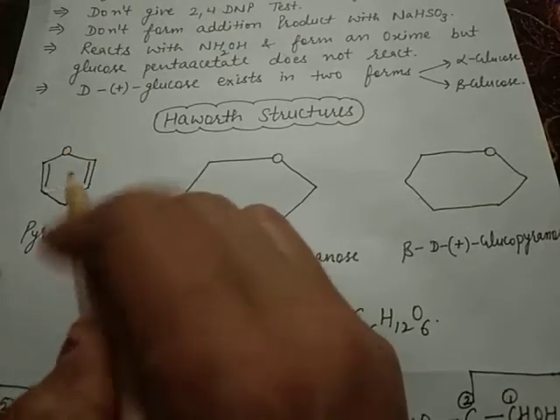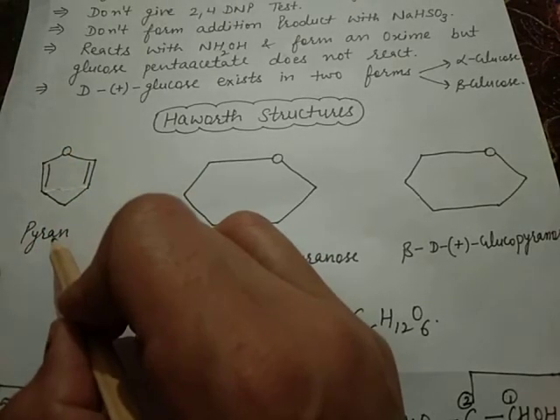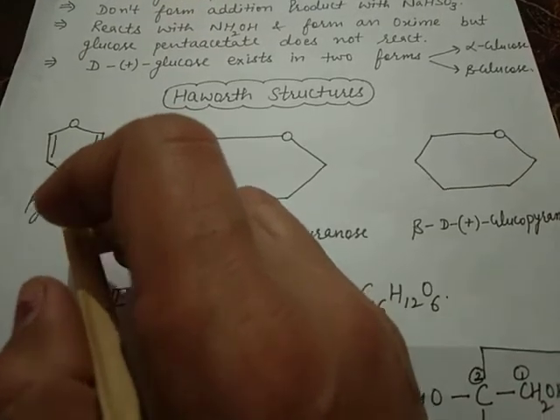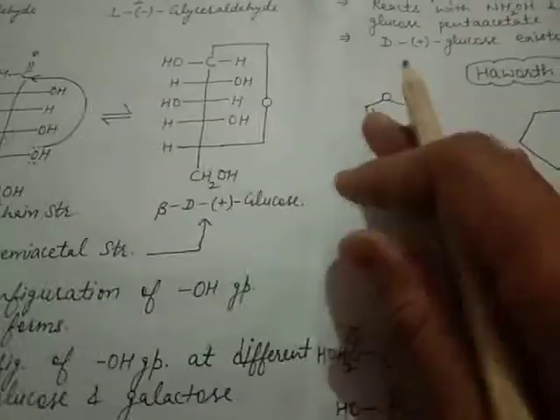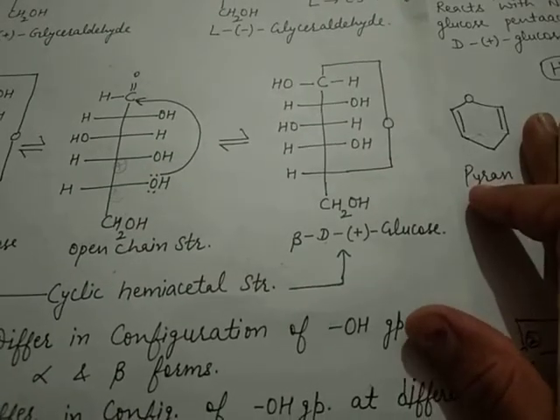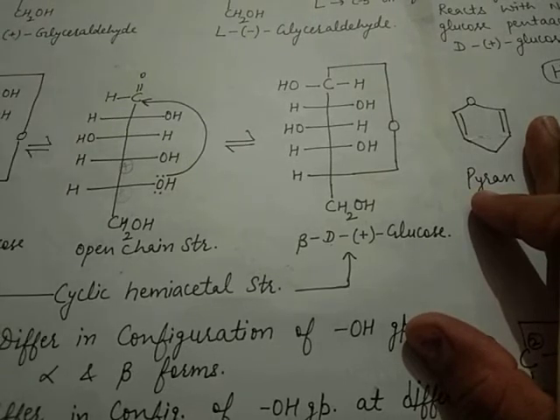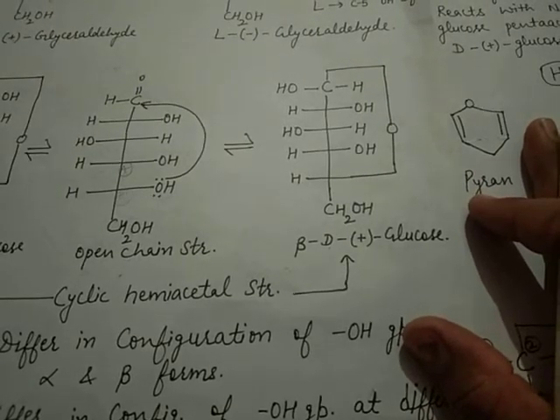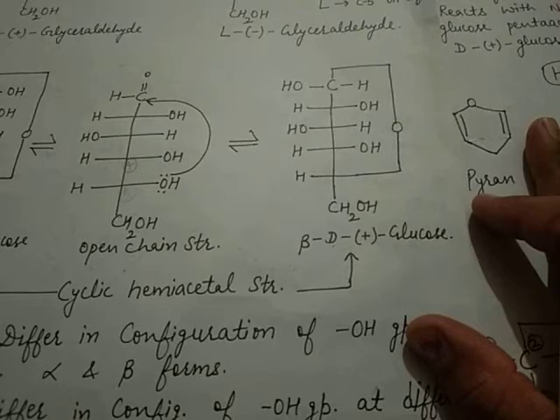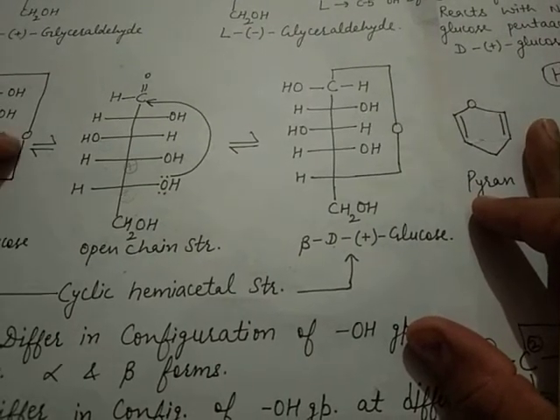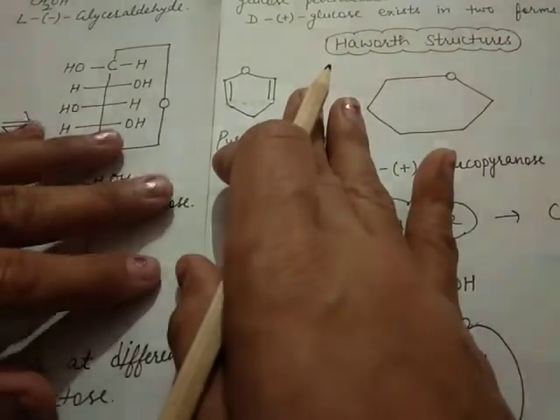This structure is called pyran. Here glucose is formed: 1, 2, 3, 4, 5, five carbons and 1 oxygen in between them. So this is the same as the structure of pyran.